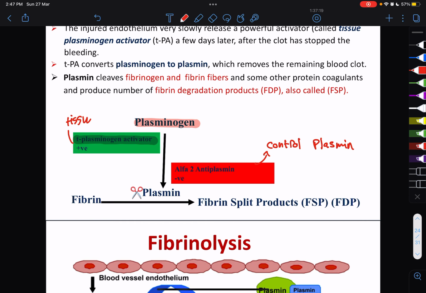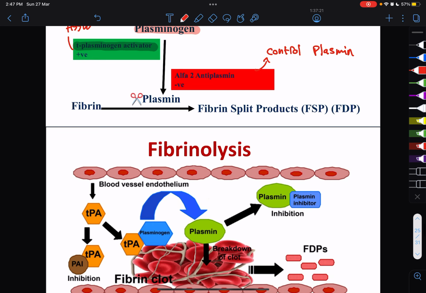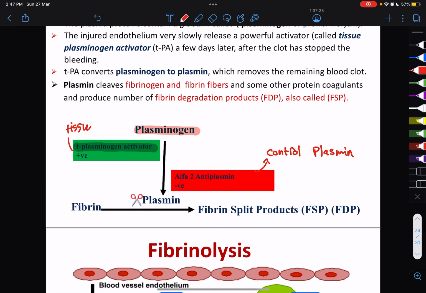Okay? Alright. Did you get the concept, the basic idea? What is the fibrin degradation process? After I cut the fibrin threads, okay, the pieces of the fibrin threads, this piece, this piece, this piece, these pieces are released into the blood.